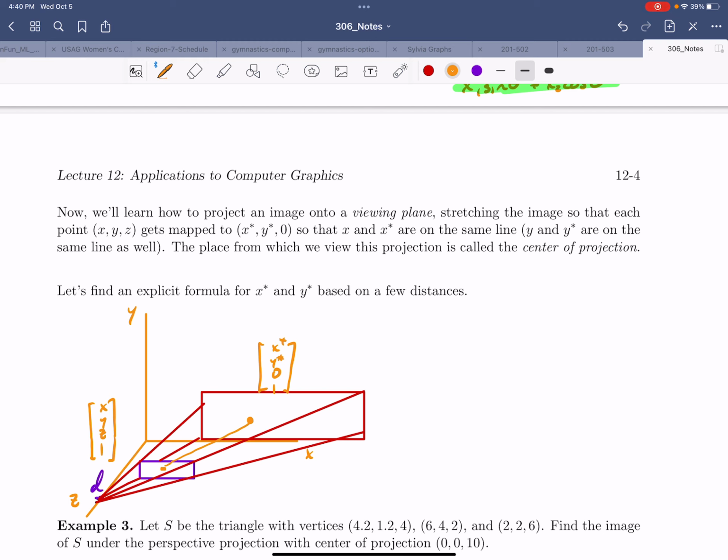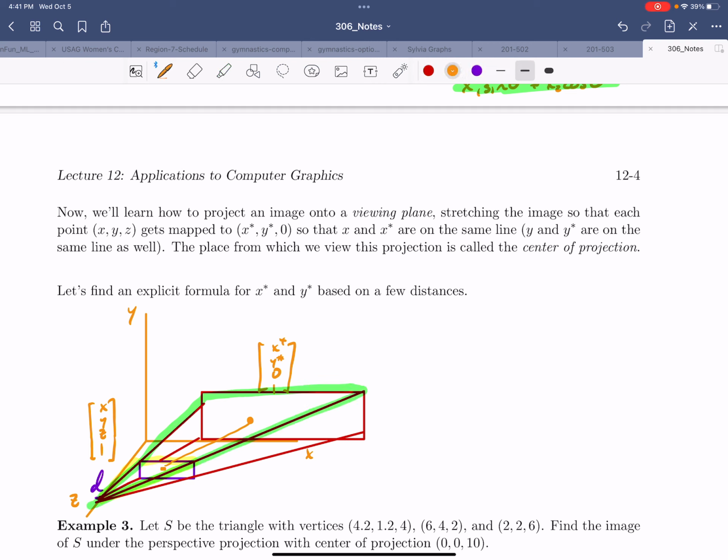Well, using some similar triangles, you can notice that, proportionally speaking, this triangle needs to be the same as that triangle.